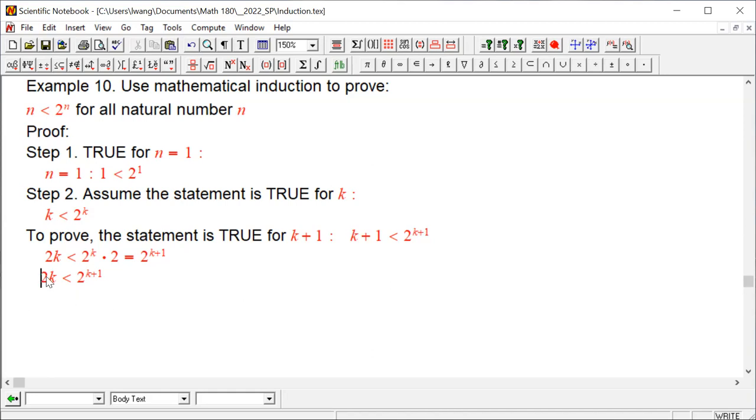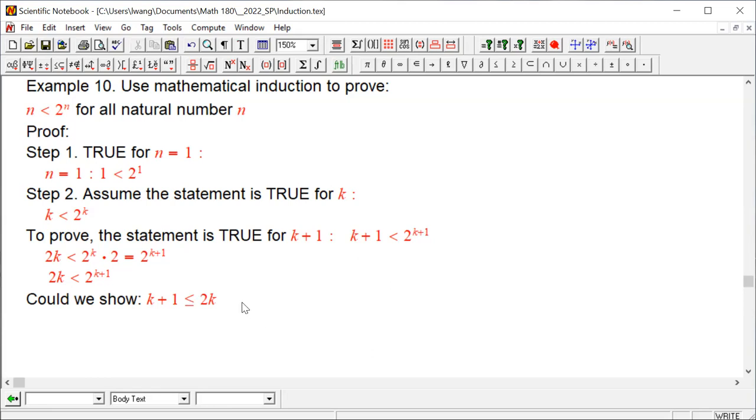If we can show that k plus 1 is less than or equal to 2 times k, then we'll be good.